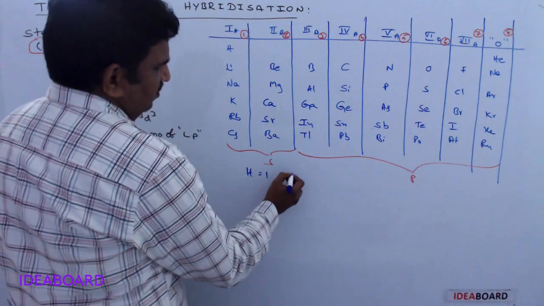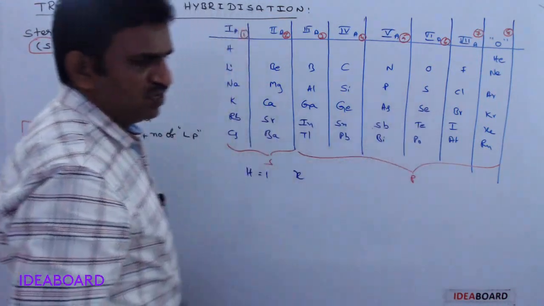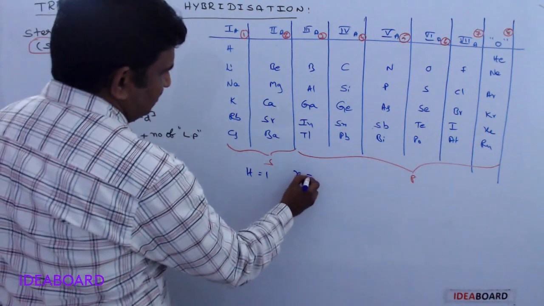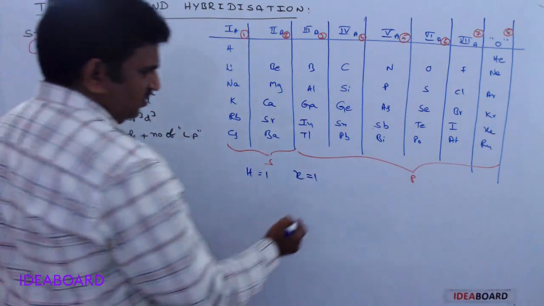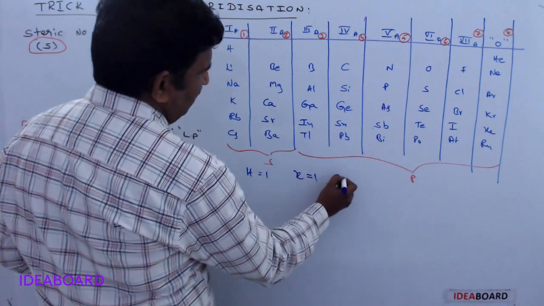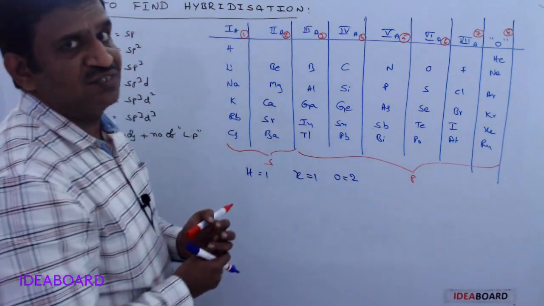And next, all halogens, meaning fluorine, chlorine, bromine, iodine: their valency, or how many electrons they can donate for bonding, is 1. And next, the oxygen atom always tries to donate 2 electrons in oxide forms.